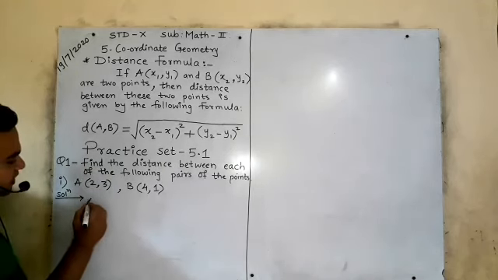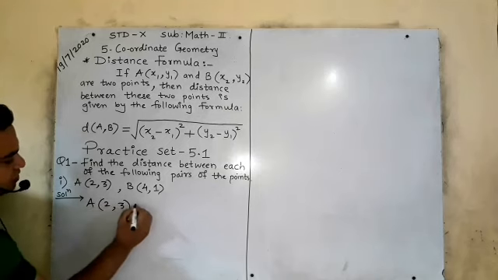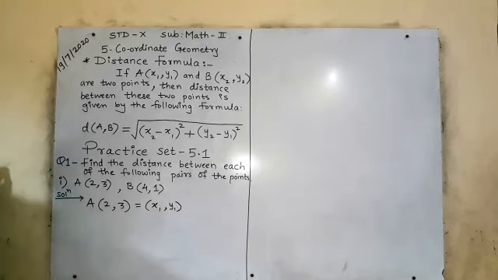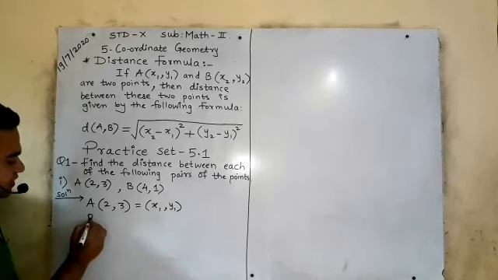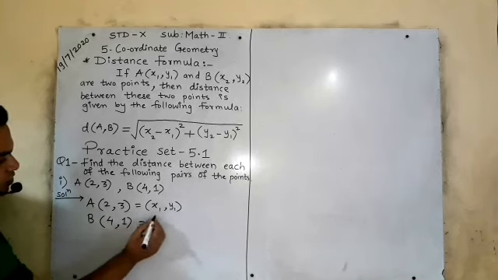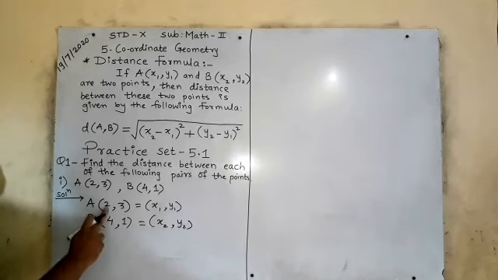So I will write point A is having 2 and 3, which is equal to x1 and y1. Is it clear? Now you will consider B, point B is having 4 comma 1, that is equal to x2 and y2. It means this is x1, y1, this is x2, y2.